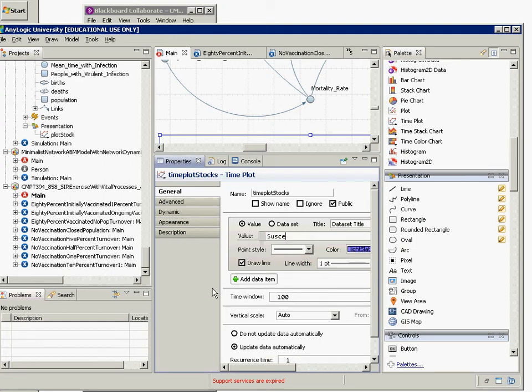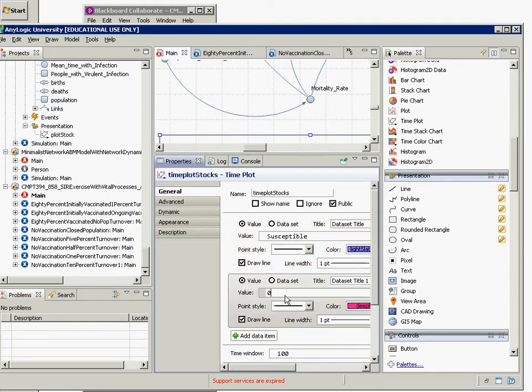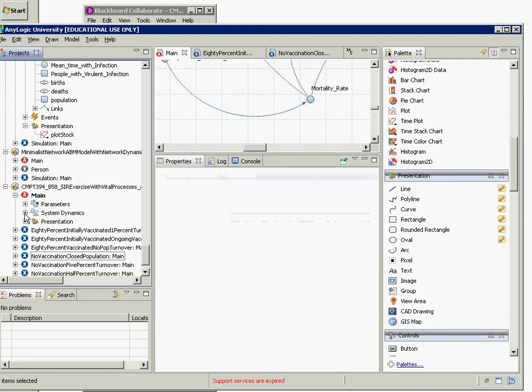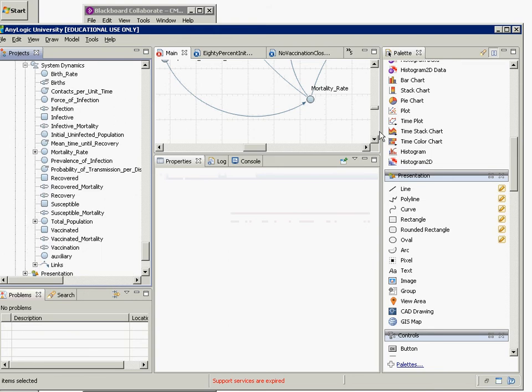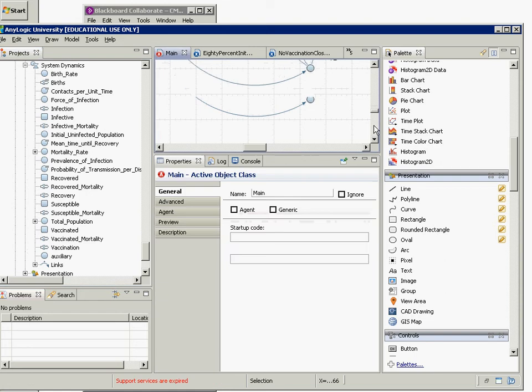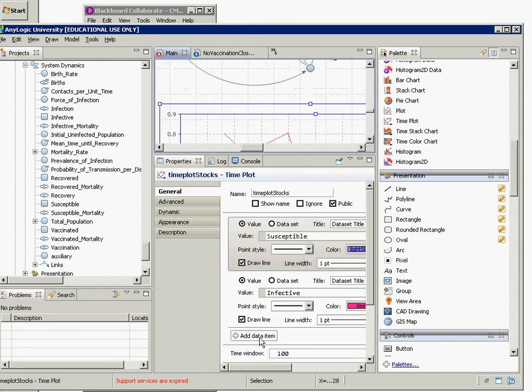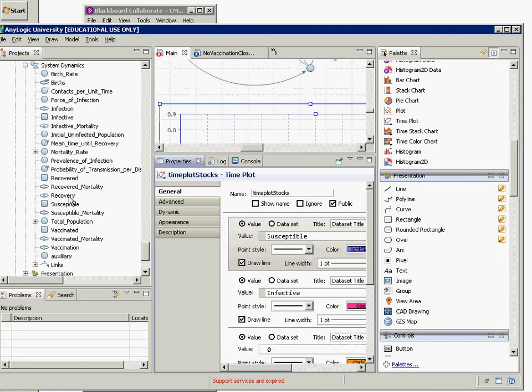Okay, so I'm going to add another one. I'm going to do infective, right? I'm just trusting I'm remembering those names right. I can go over here and check. Okay, yeah, there are the nice names. And then I want to do recovered. Yes, recovered it's called. Okay, good.